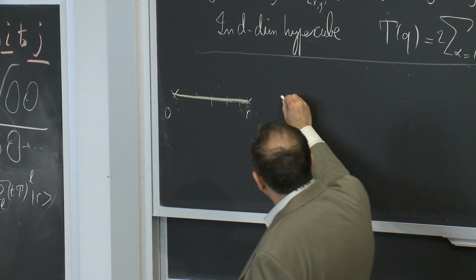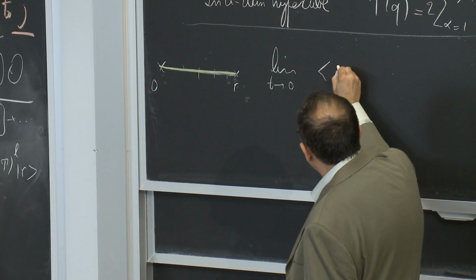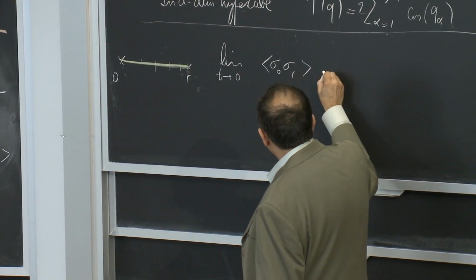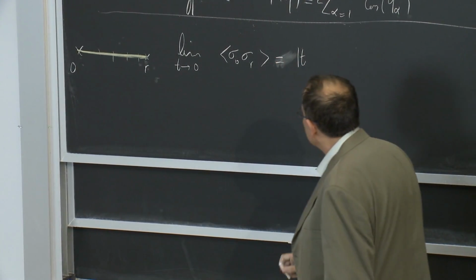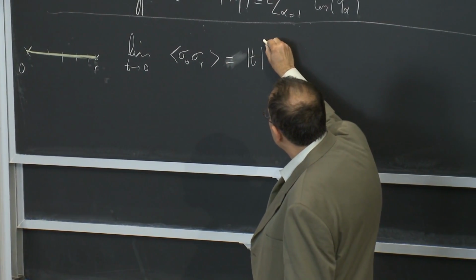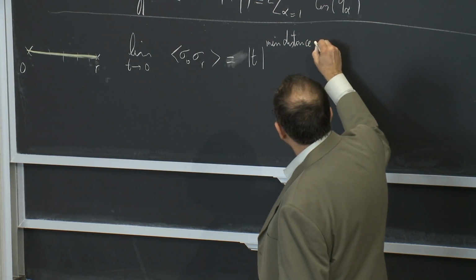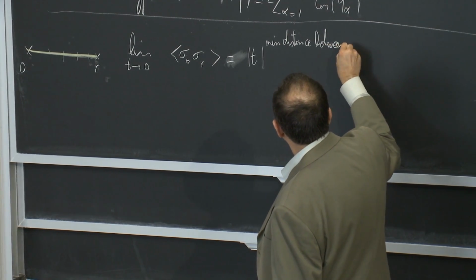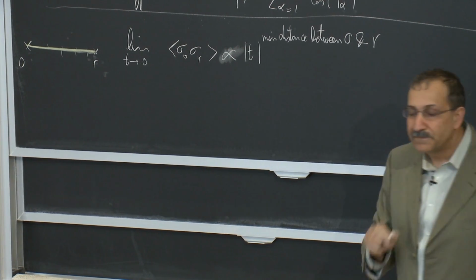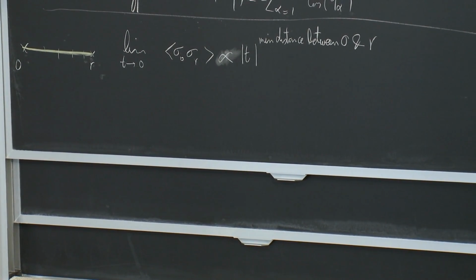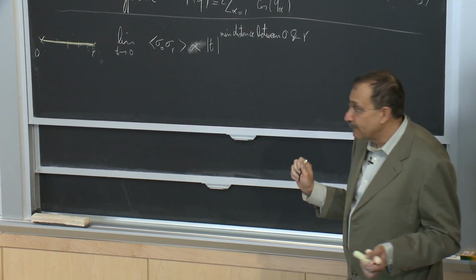So what I'm saying is that the limit as t goes to 0 of something like sigma 0, sigma r is going to be proportional to, actually is going to be identical to t to the minimum distance between 0 and r. Actually, I should say proportional is in fact more correct, because there could be multiple shortest paths that go between 2 points. Okay?